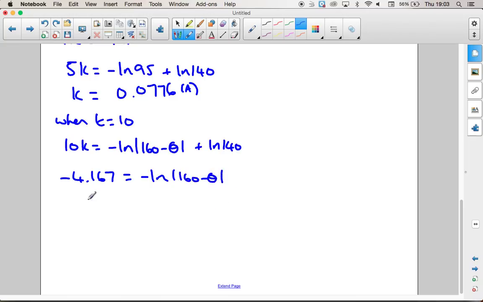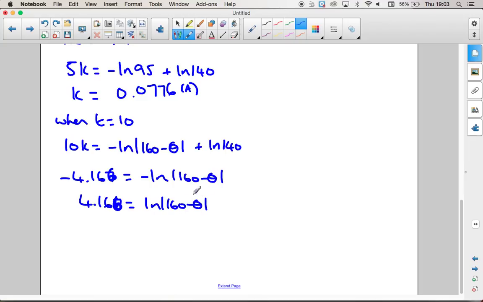The minuses can now cancel, but don't forget to cancel it off your calculator by timesing by minus 1. So my calculator now says positive 4.166. I don't know why I rounded that, that should be a 6.